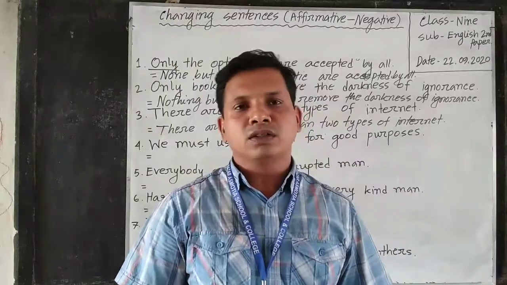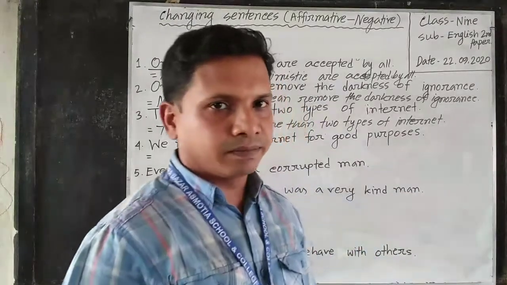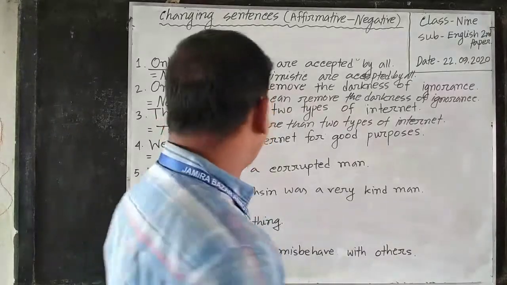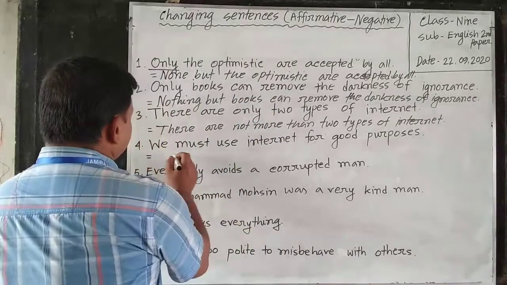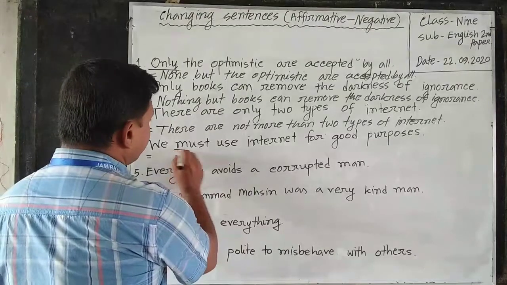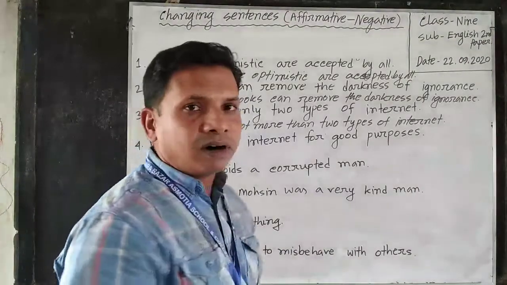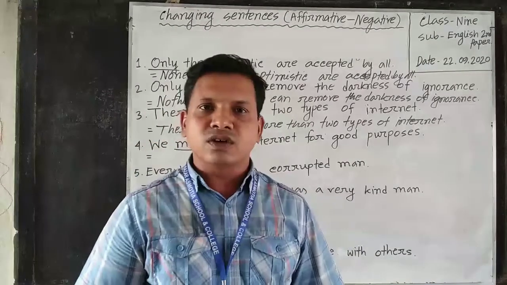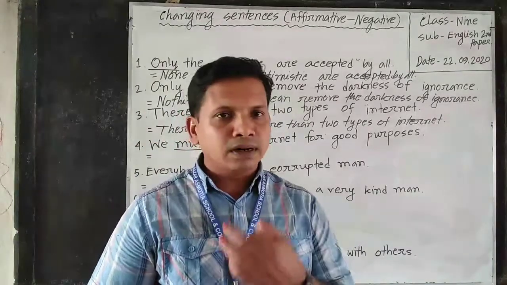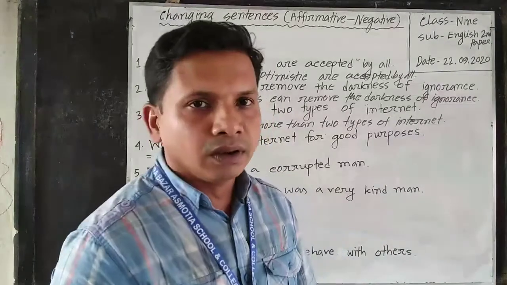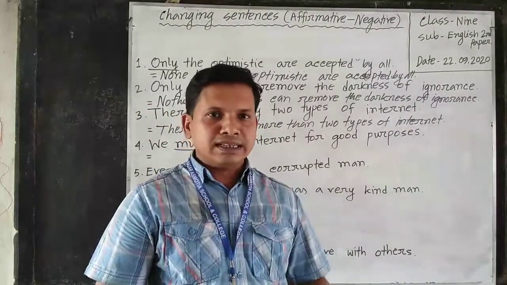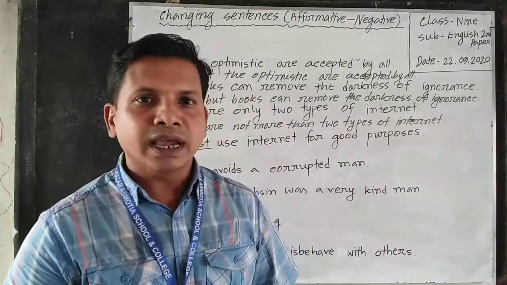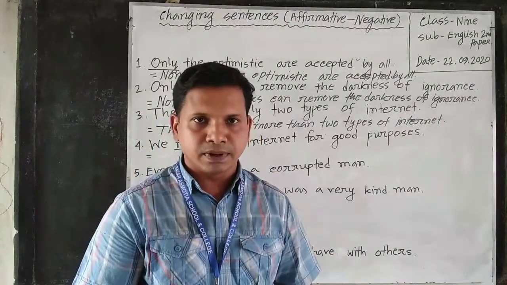So dear students, follow the next sentence, number 4. Here we have got a word, must. We know if any affirmative sentence contains the word must, instead of this word must we will use cannot but or cannot help.